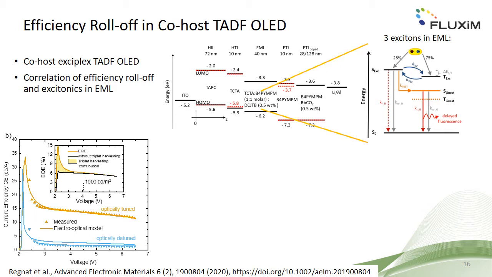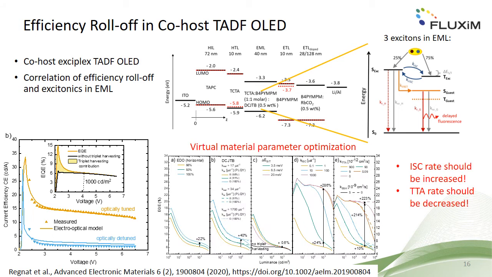Now the key question is which material parameters should be optimized to avoid the efficiency roll-off. The graph in the middle on the bottom shows a variation of 5 parameters. The roll-off can indeed be reduced if either the intersystem crossing rate is increased or the TTA rate is decreased.